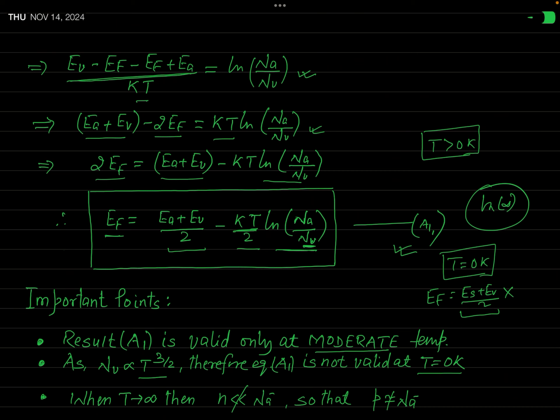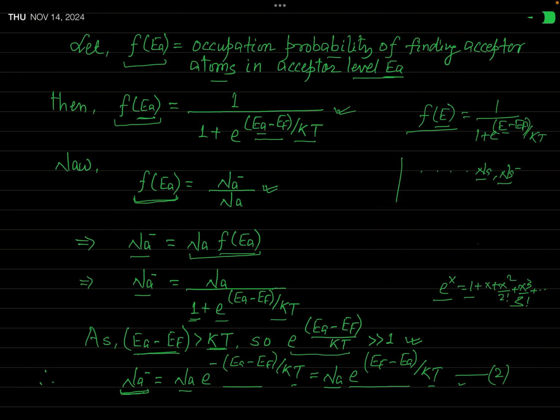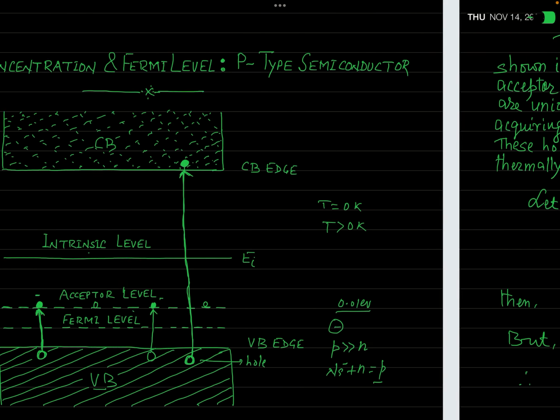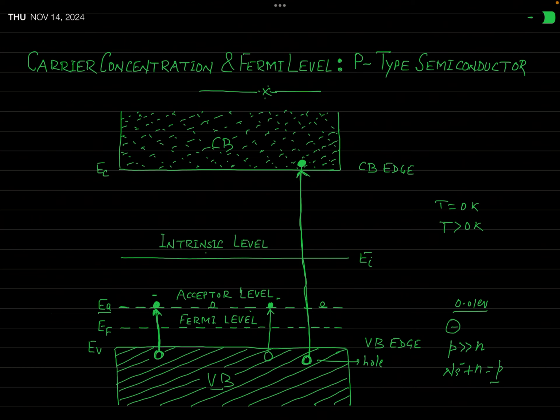Now again see, when you talk about a very large temperature, that is T is tending towards infinity, then what will happen? You can see when temperature is made very large, then actually there will be a very large thermal excitation, and a large number of covalent bonds in this valence band will be broken, and a large number of electrons will move to the conduction band.